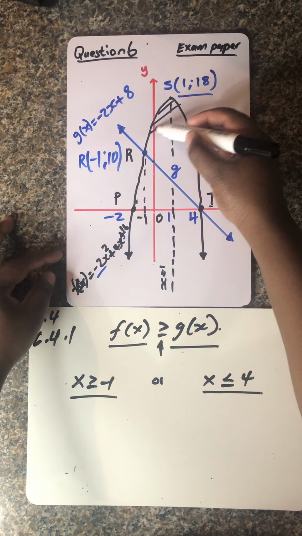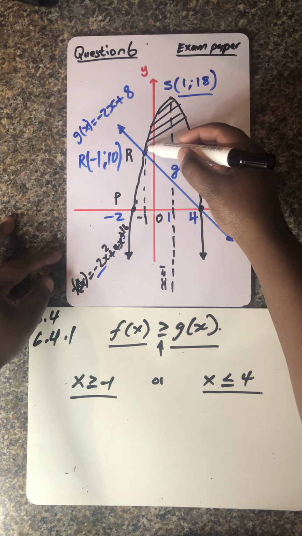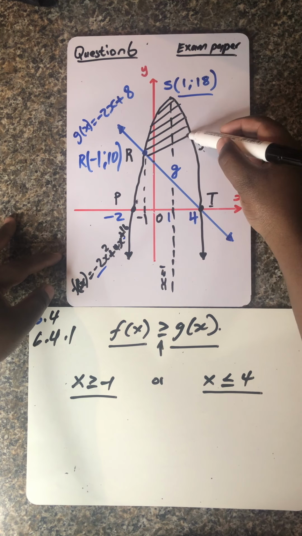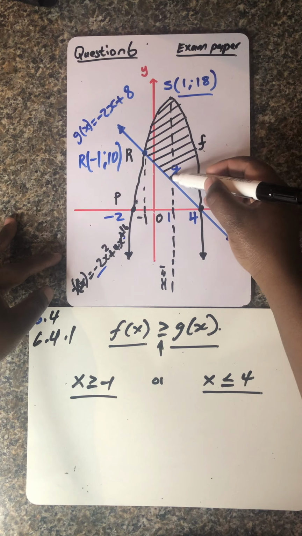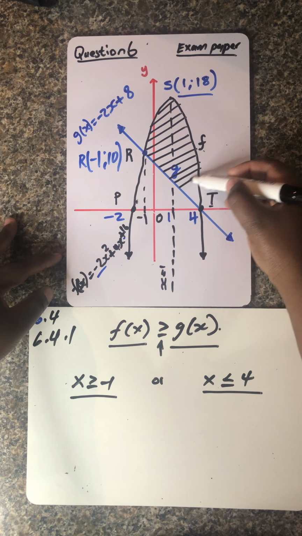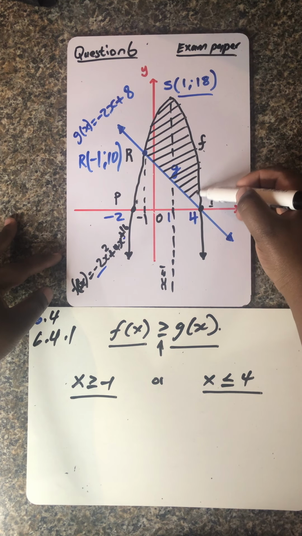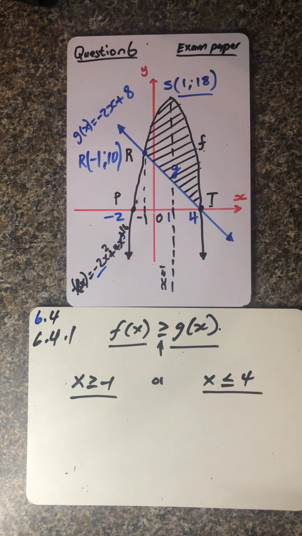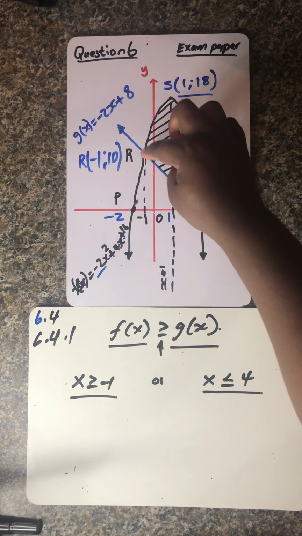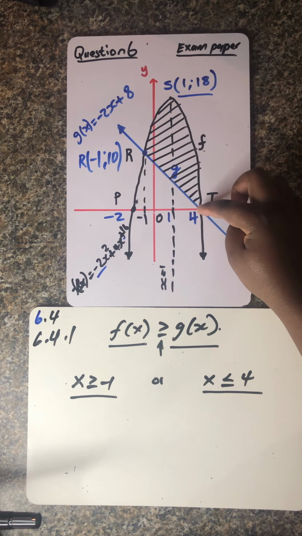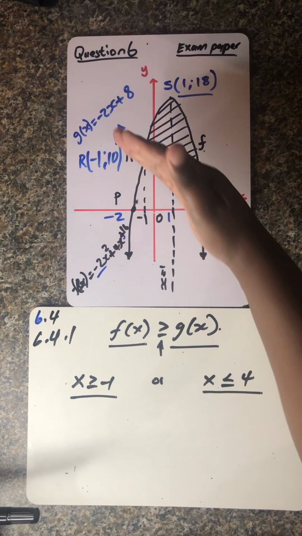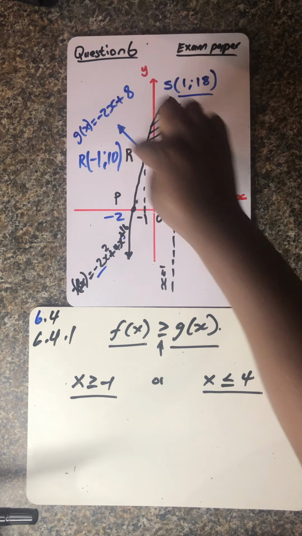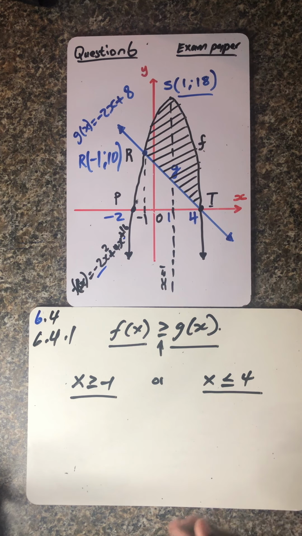It's more like we're giving the x coordinates where this graph of f is above the graph of g. So from that point and that point, that's where this graph of f is greater than the graph of g.